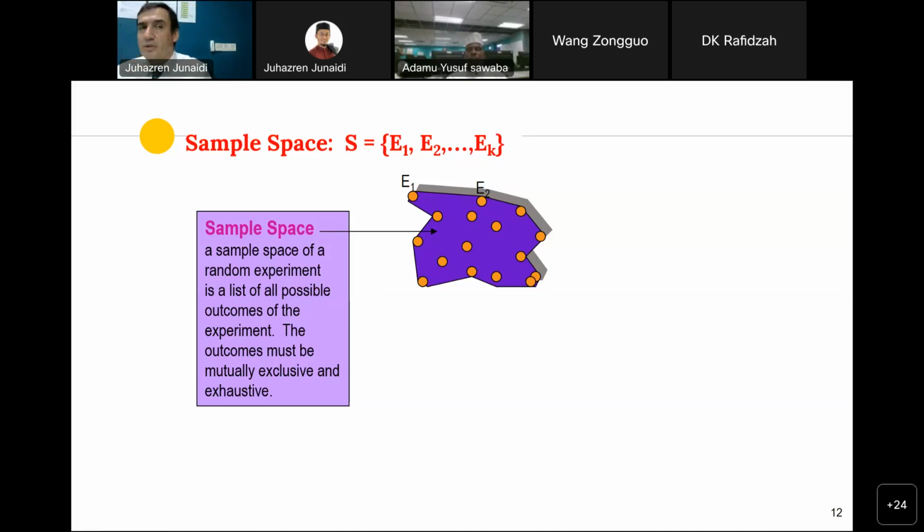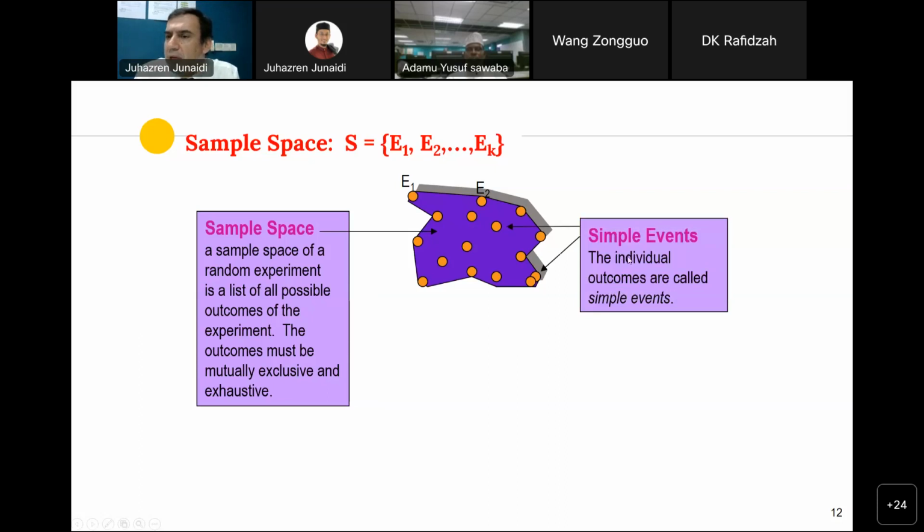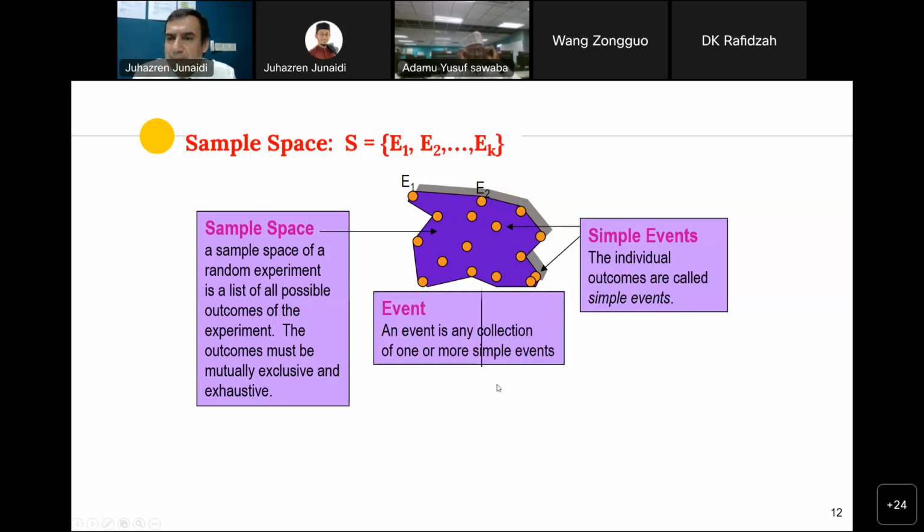Okay, so the sample space is limited. The possibilities of outcomes are limited. And the individual outcomes are called simple events. So these are all simple events. And an event is any collection of one or more simple events.